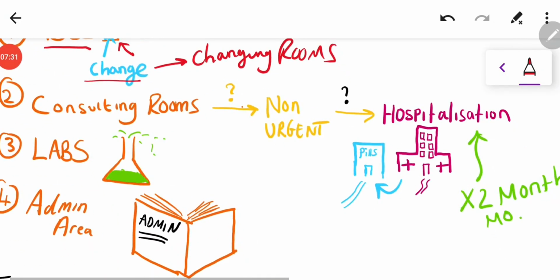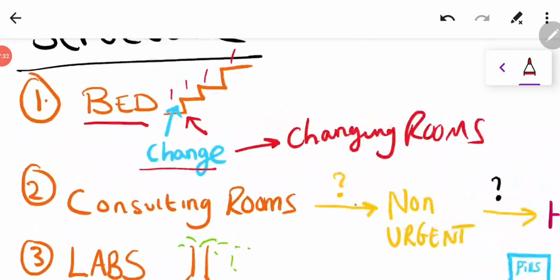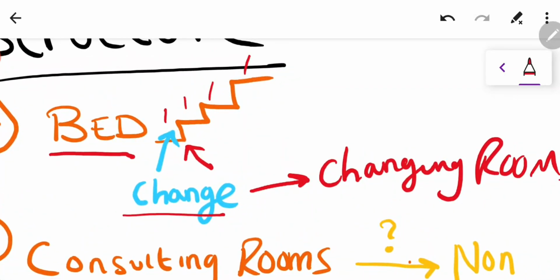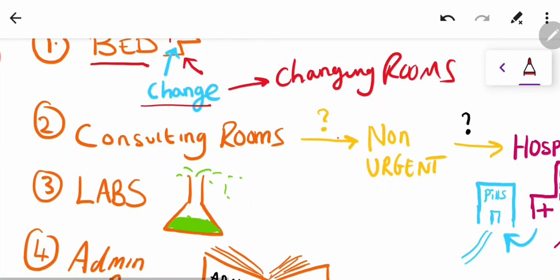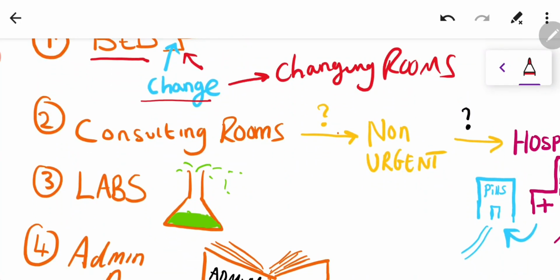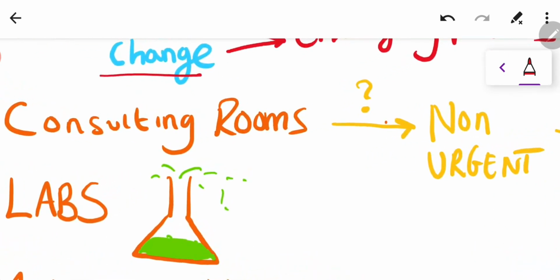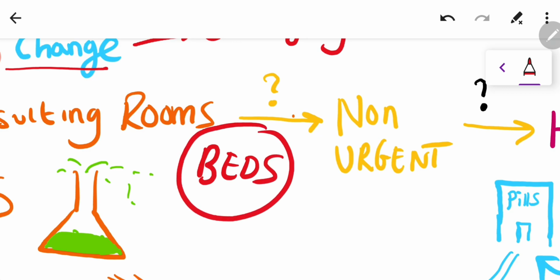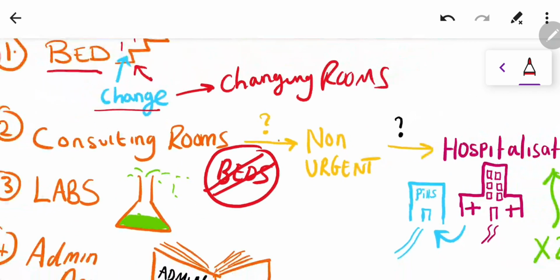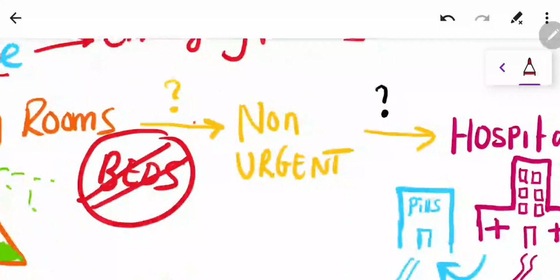Okay, now second thing. So already I've put 2 things in one. Second one, you need to have consulting rooms. Now these rooms, they don't have beds. The reason being is why?